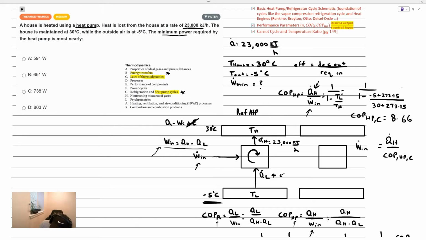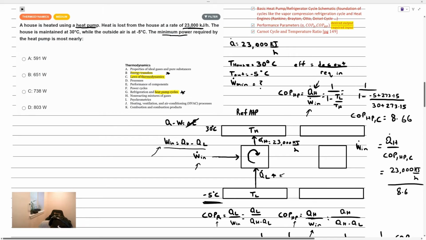So we know that the heat rejected to that high temperature source is 23,000 kilojoules per hour, divided by the COP for a heat pump, 8.66. 23,000 divided by that is 2655. That is kilojoules per hour.